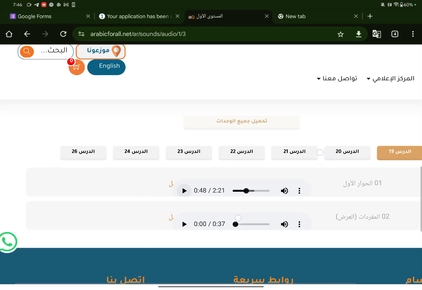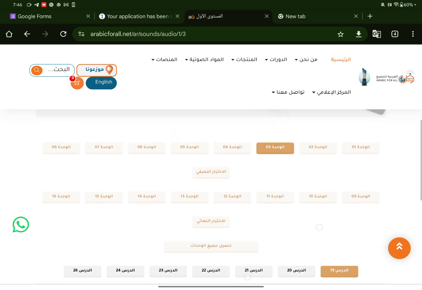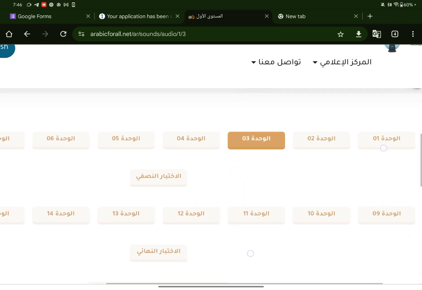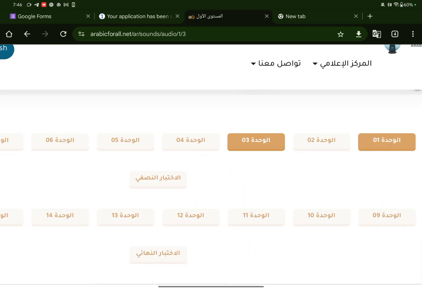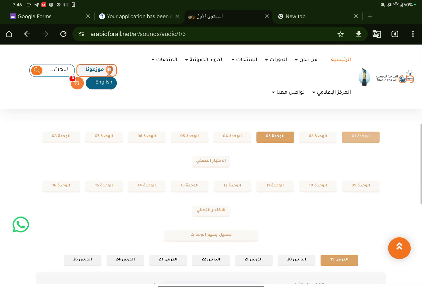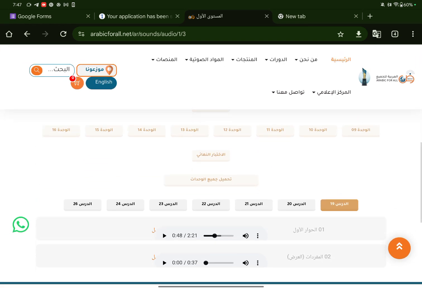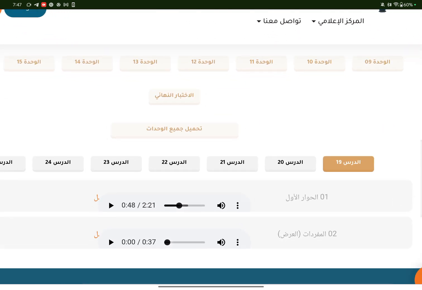When you go onto the website, you see the first set of tiles showing al-wahda 1, al-wahda 2, and al-wahda 3. Right now we're on wahda 3, al-wahdatu thalitha. Then afterwards you go down to the tiles below, and you can get all the audios that relate to that unit, chapter 3.